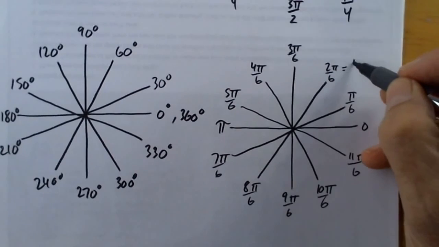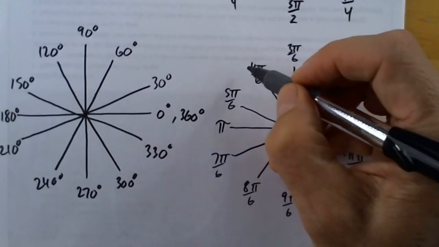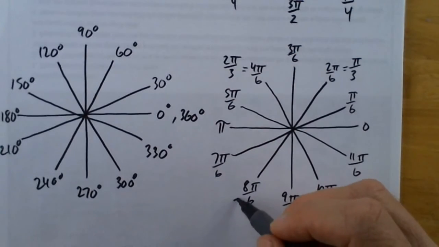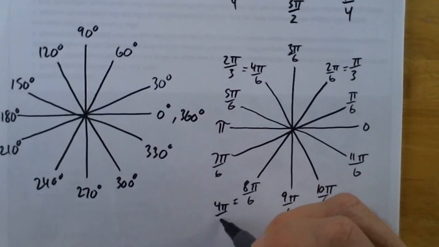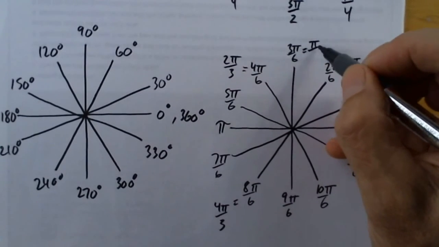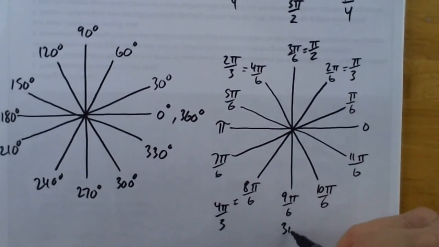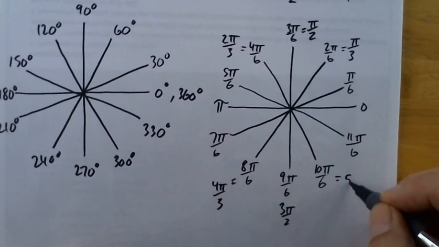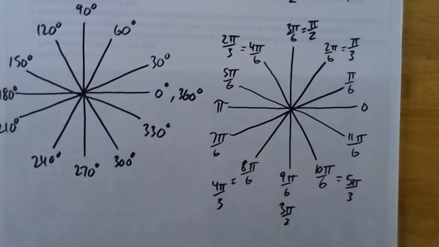So this is equal to pi over 3, and this is 2 pi over 3. Here we have 4 pi over 3. Here we have pi over 2, 3 pi over 2, and then this will be 5 pi over 3.